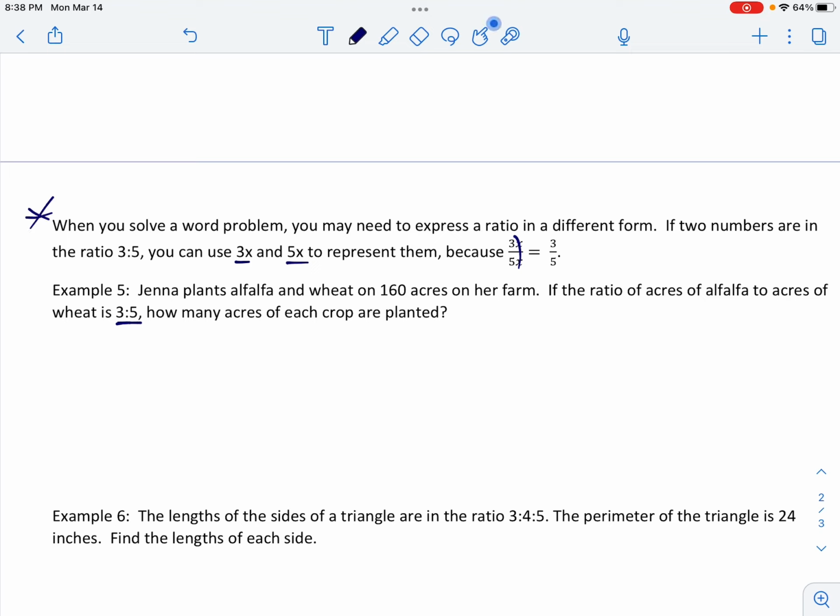Okay, when you have the ratio 3 to 5, we can use x's to figure out, do we know the number of acres? Nope, so we can use x to represent that. So we're going to let 3x equal the number of acres of alfalfa.